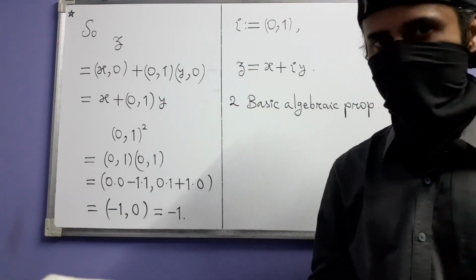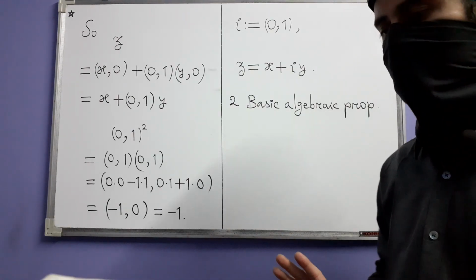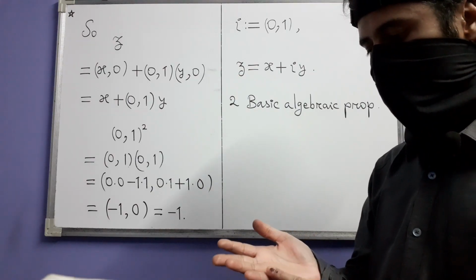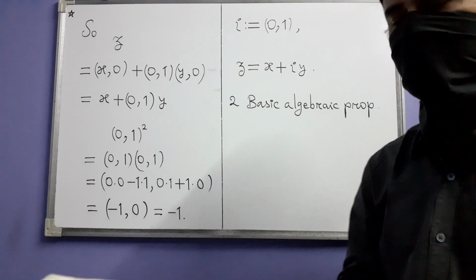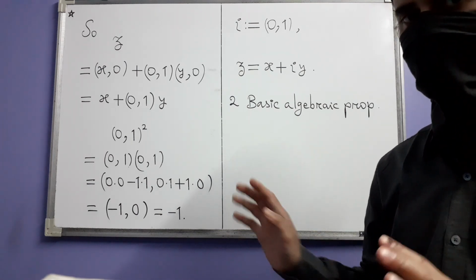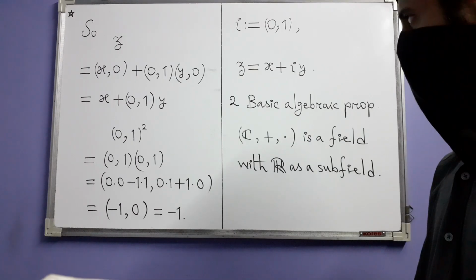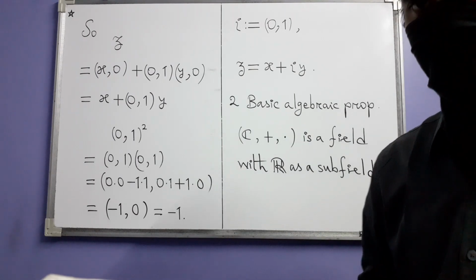Next, we have section 2, where there are basic algebraic properties of this system. Now you have a set and two operations on it. This system has some properties. Because most of us are already familiar with those properties, I am going to be brief here. All of this can be summarized in just one or two lines.